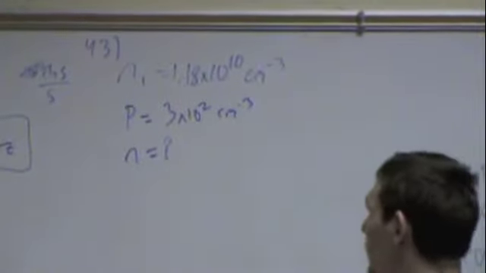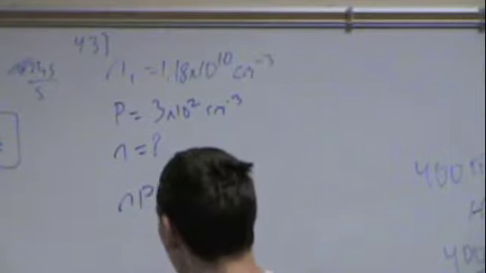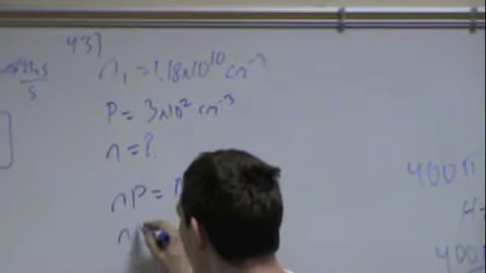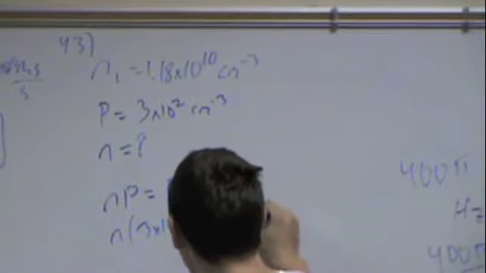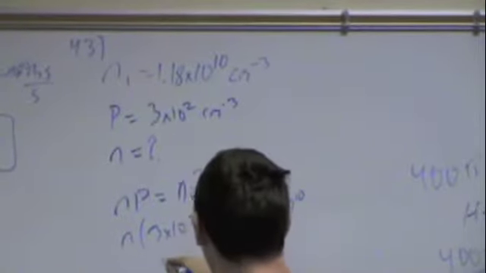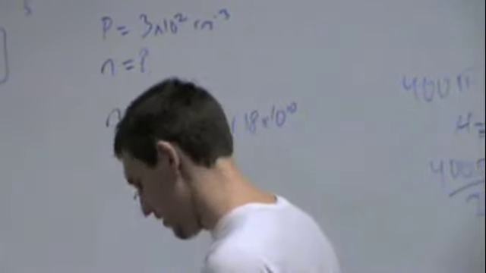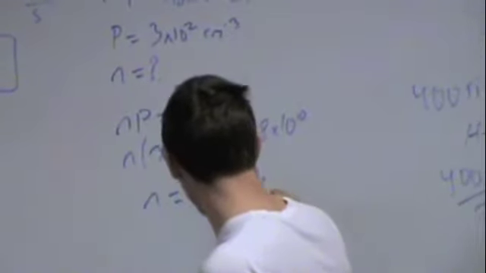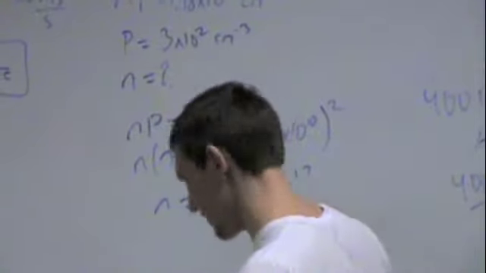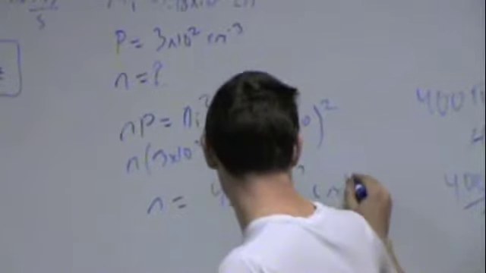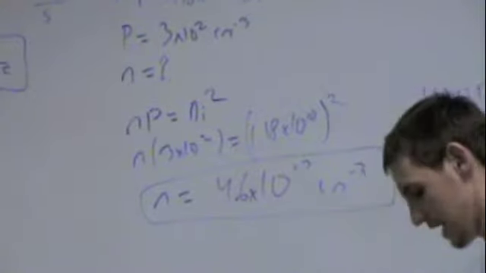You guys remember the formula for this is NP equals Ni squared, which comes out to N times 3 times 10 squared equals 1.18 times 10 to the 10, squared, remember? Divide both sides, you get N equals 4.6 times 10 to the 17 centimeters negative cubed. Very simple problem, very simple math.